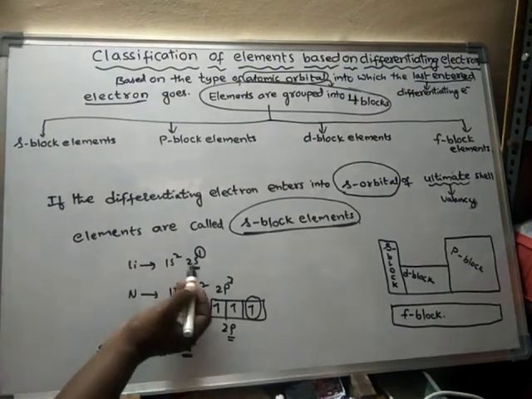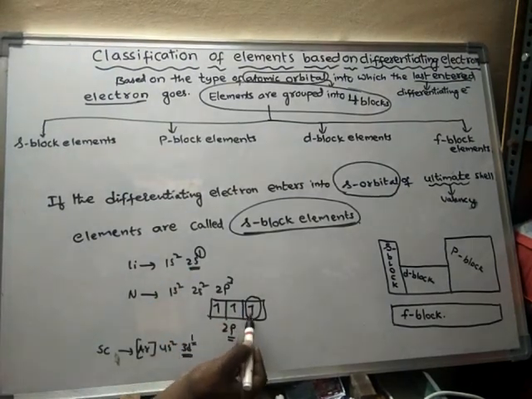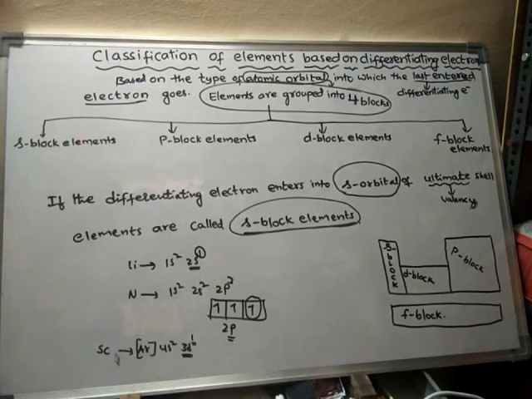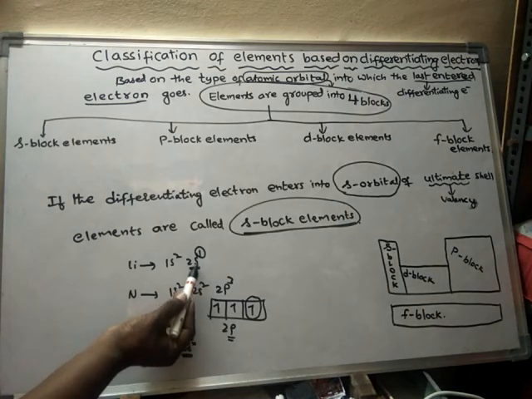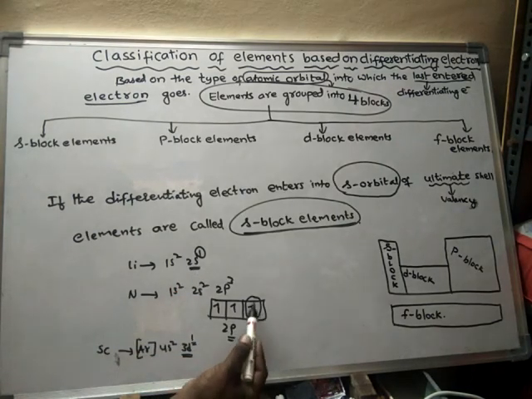So based on the last entered electron, into which suborbit? Here the last entered electron is entering into s orbital. In nitrogen, the last entered electron is entering into p orbital.